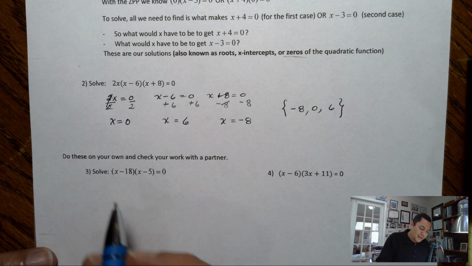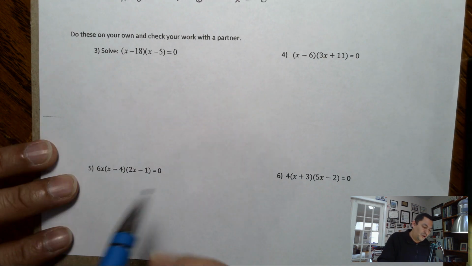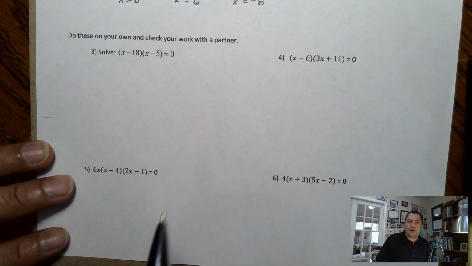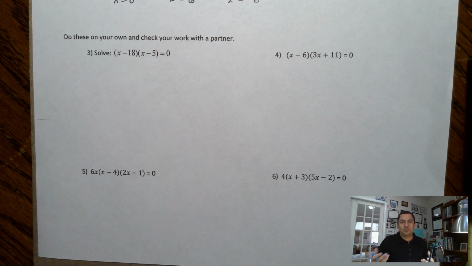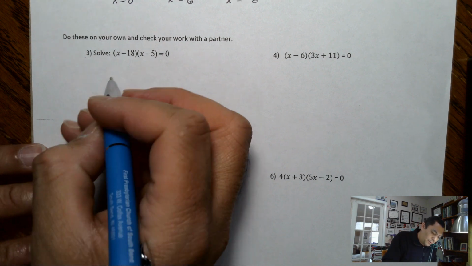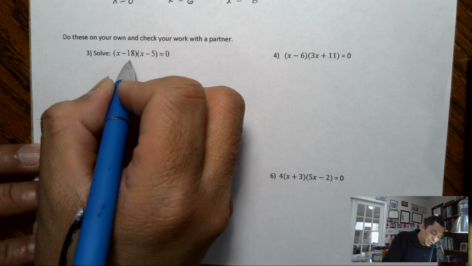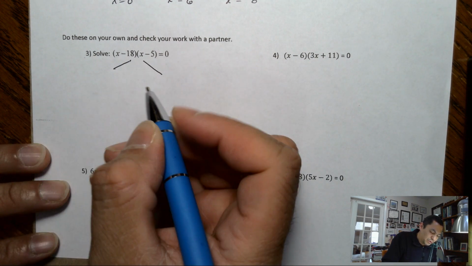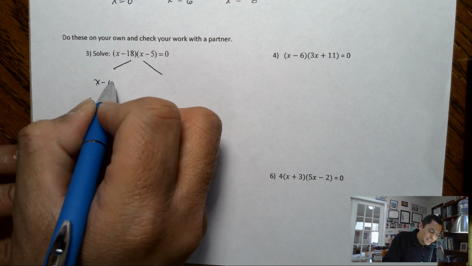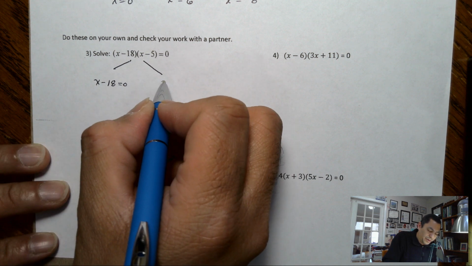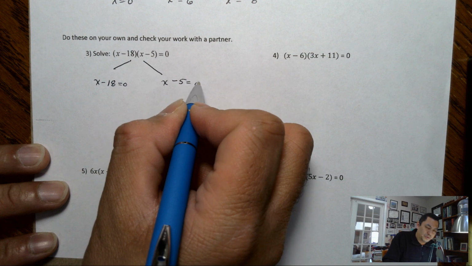It says do this on your own and check your work with a partner, but we are going to solve it together. Remember, what we do is split these two factors and set them equal to 0. x minus 18 equals 0. x minus 5 equals 0.